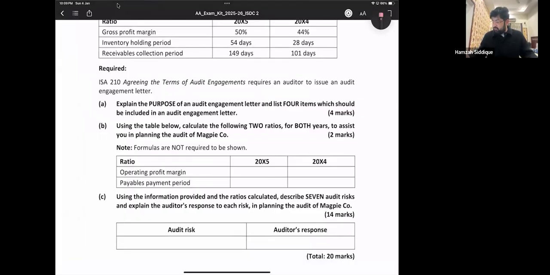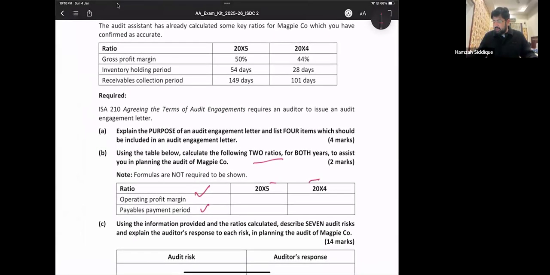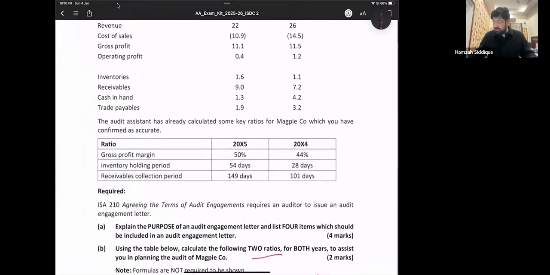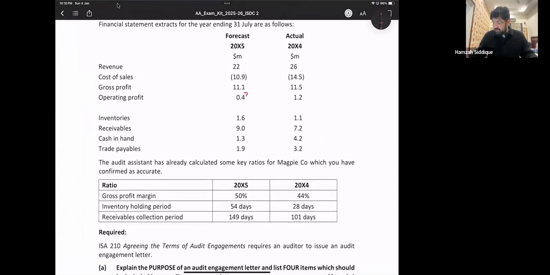These two ratios have to be calculated, and this is based on your prior knowledge: operating profit margin for both years and payable payment period. You need to calculate and write over here. So from this information, operating profit margin, this divided by this, and this divided by this. And payable payment period, you need to calculate.